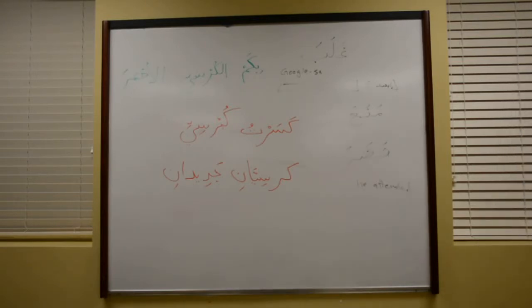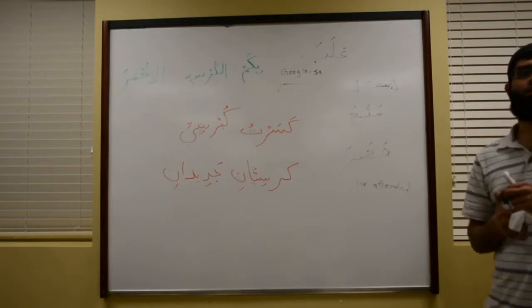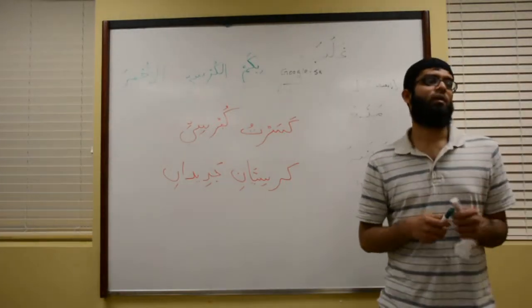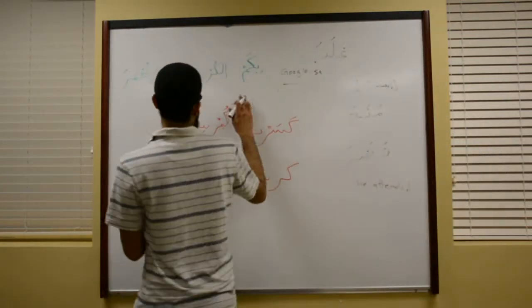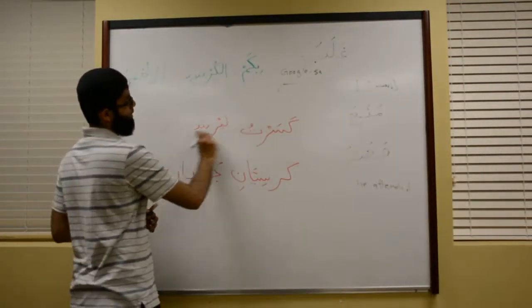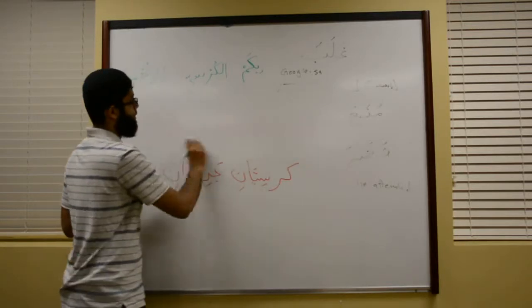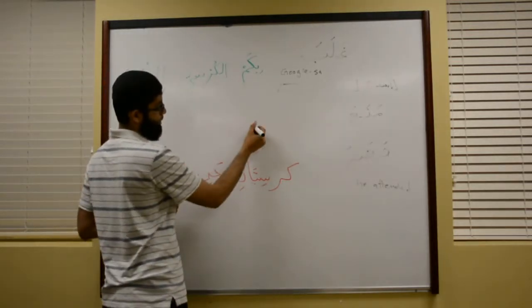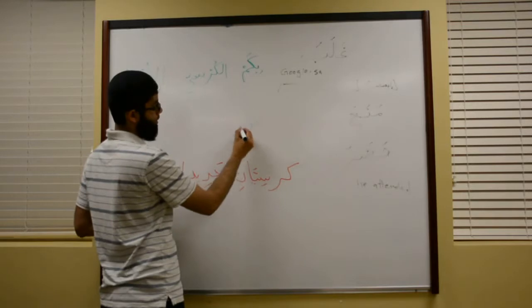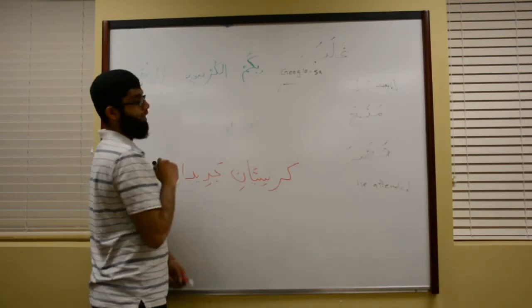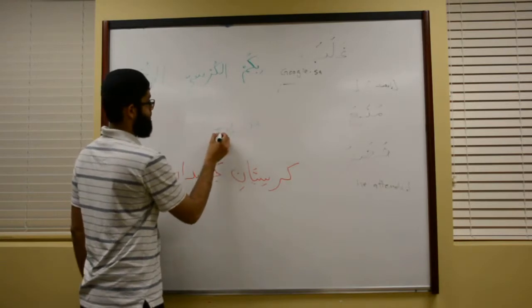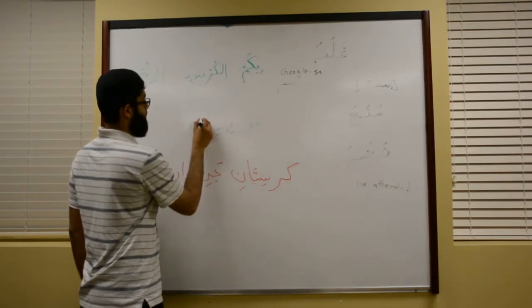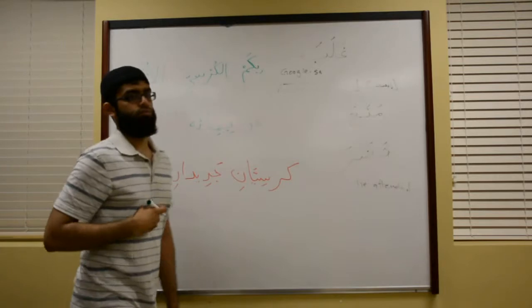All right, how do you say it is for $100? I said huwa... if you look back in book 1B, when you state prices you say huwa or hiya, bi. How do you say 100? Miyatun. Can we say only, like faqat?